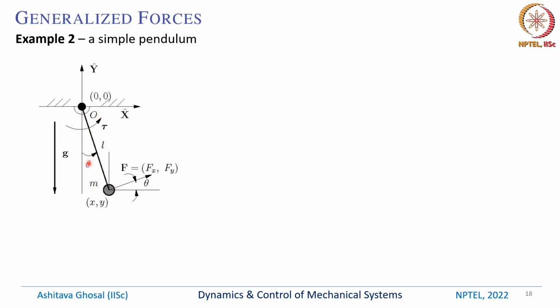This angle from the vertical is theta, and it locates this bob. I could also locate the bob with some x and y coordinate. Just to make the problem a little more interesting, we assume that at the end of the bob, on this mass m, a force with components fx and fy with respect to the zero coordinate system is acting, and the angle of the force is also theta.